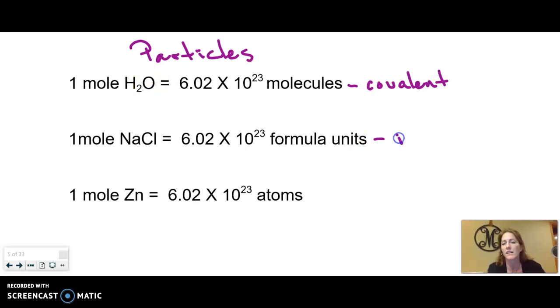If it's ionically bonded, we call it a formula unit, FU for short. And then if it's just an element, then it's referred to as atoms. If you want a generic term for all of these, you can simply call it a particle.